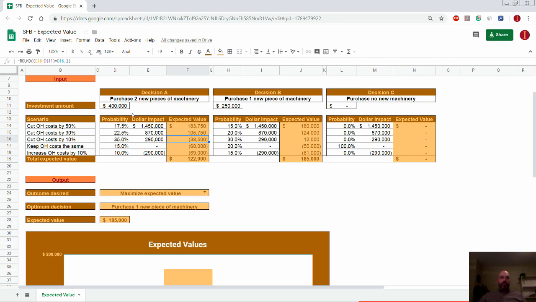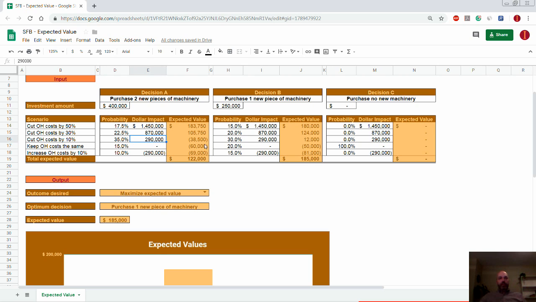So with decision A, since cut overhead costs by 10% is a 35% likelihood of happening, dollar impact's 290,000, okay? So the most likely scenario isn't likely enough to have a positive expected value because the dollar impact's less than the investment amount, okay?